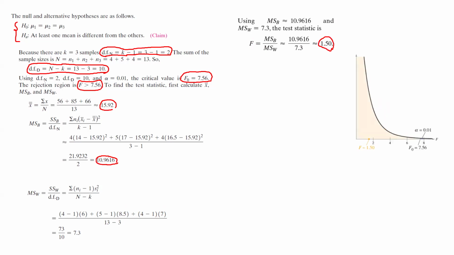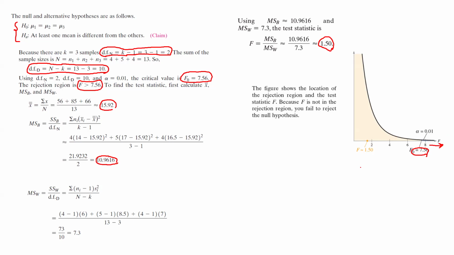Is the test statistic inside the rejection region? Definitely not. Why? Because our critical value is 7.56, which lands here, and the rejection region is on the right-hand side. But the test statistic is outside the rejection region. So we do not reject the null hypothesis.